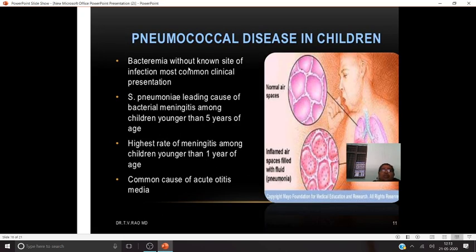If you see pneumococcal infections in children, bacteremia without a known site of infection is the most common clinical presentation. Pneumococcal infection is the leading cause of bacterial meningitis among children younger than 5 years of age.